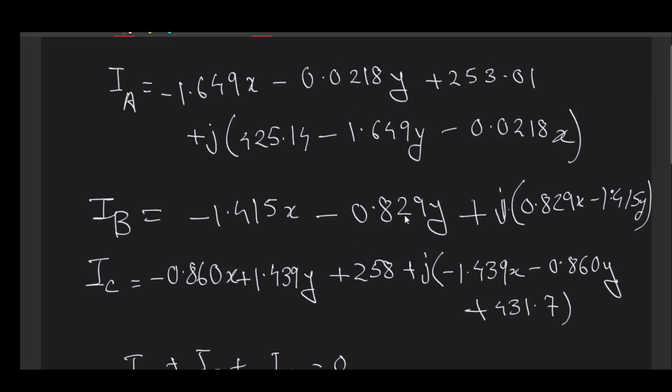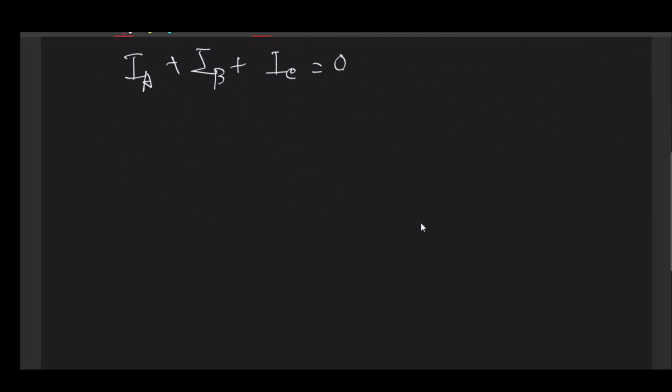Now as I told you, finally we have to do IA plus IB plus IC equal to 0. From that you have 3 equations. However, you can break them into real and imaginary parts, and mind it that we have 2 unknowns, x and y. Clubbing all the real parts together and all the imaginary parts together will give you 2 independent equations, and making the real part equal to 0 and the imaginary part equal to 0 will lead you to the coordinate solution xy.